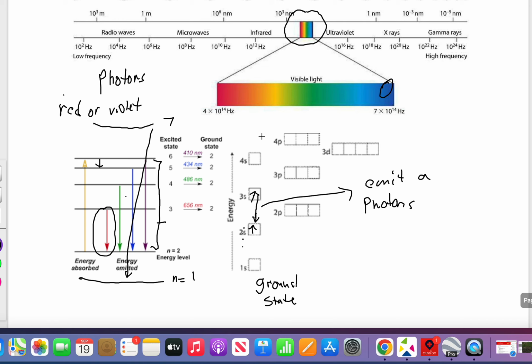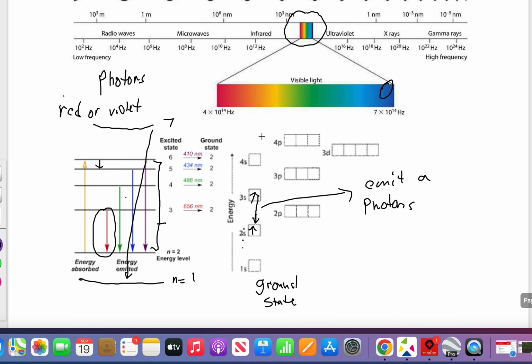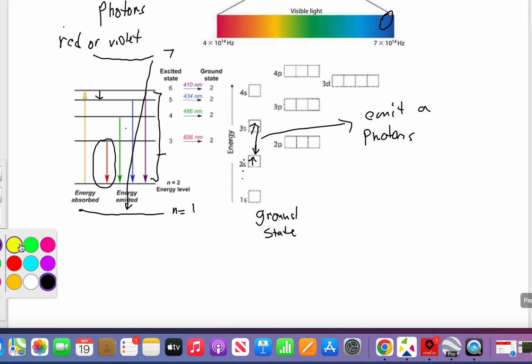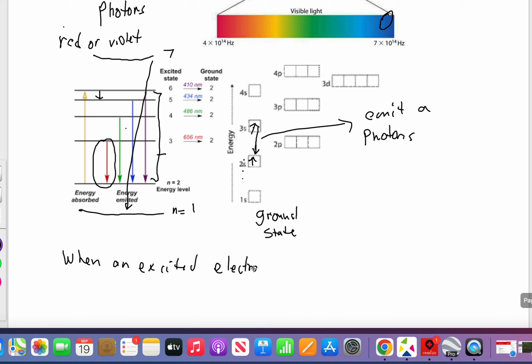Okay, so the main thing is you got to know what causes visible light. Visible light is caused basically by this. It's caused when an excited electron drops from a higher energy level to a lower energy level.